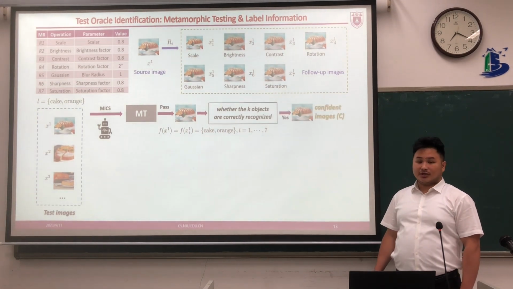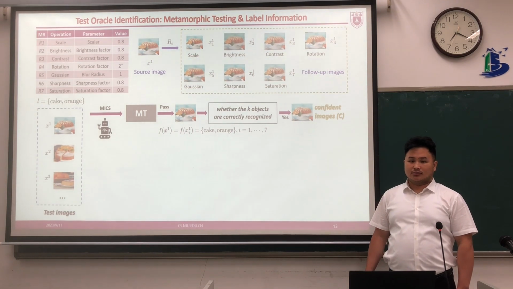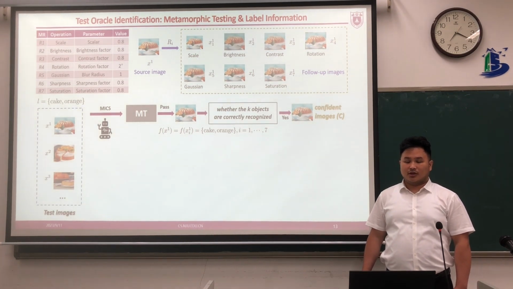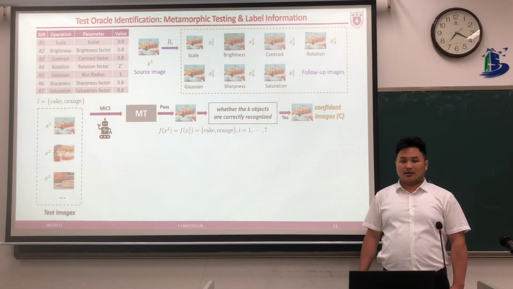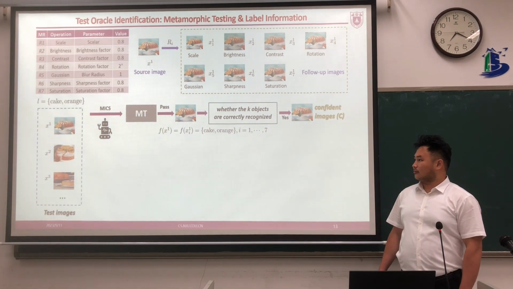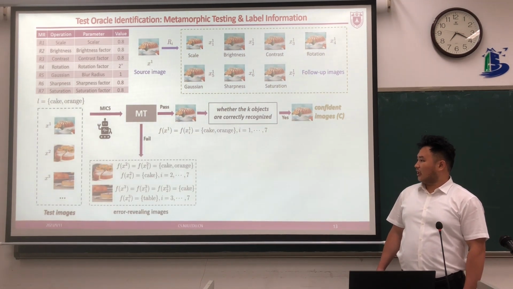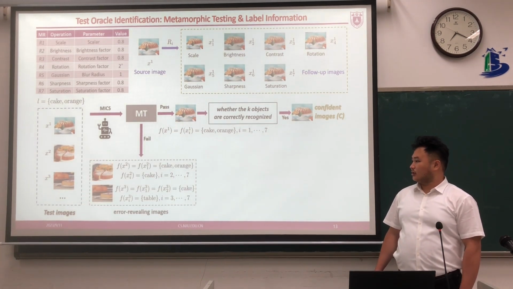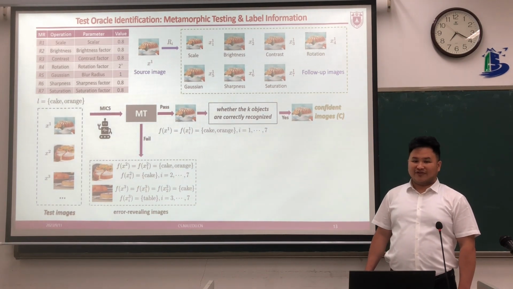If yes, we think the image is a competent image, which indicates that MSS has a good classification ability for the current label correlation. If the image fails the MRs, it is an error-revealing image.